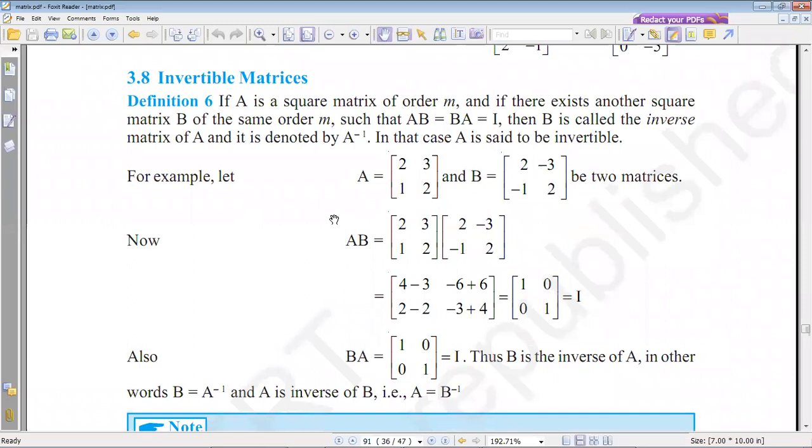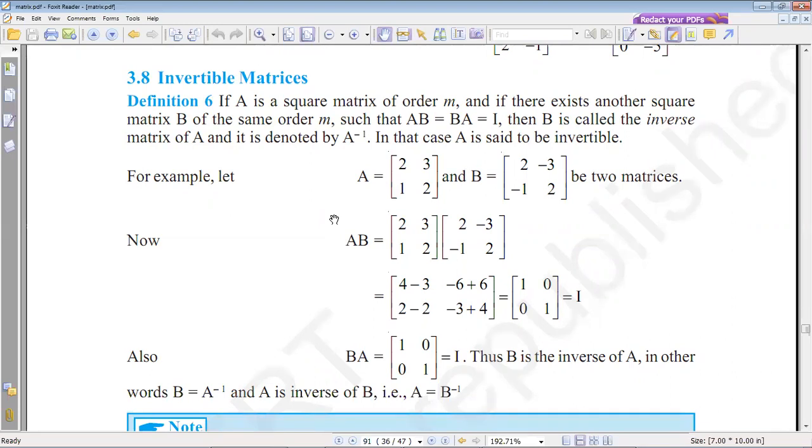We can find out the inverse of a matrix by many methods. One is A inverse equal to 1 by determinant of A into adjoint of A. But here you have to use the elementary row transformation method.